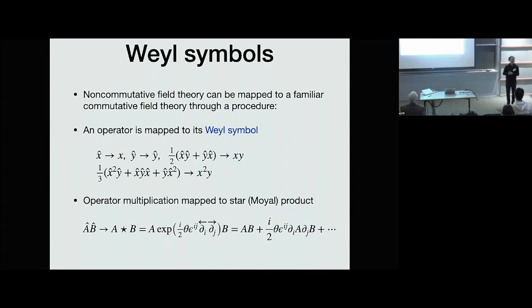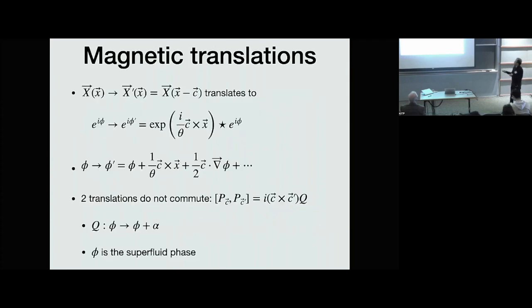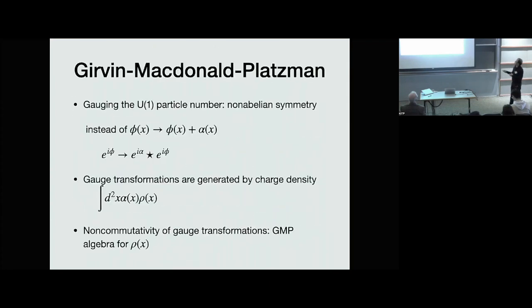It could be that because the Moyal product encodes exactly the symmetry of the theory, in some sense there is a way the theory knows about this term. Let me show you one slide.